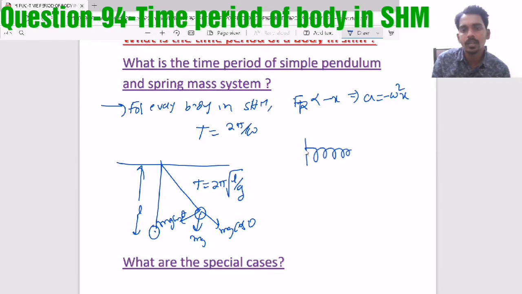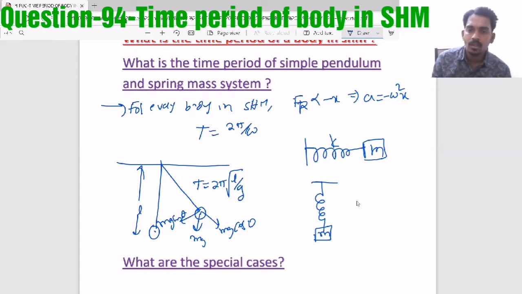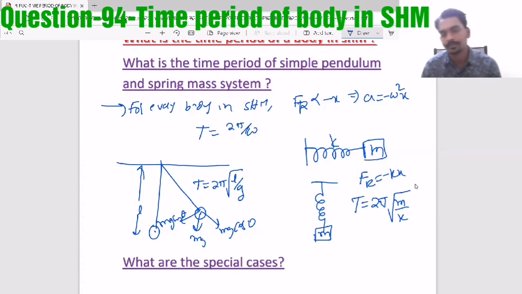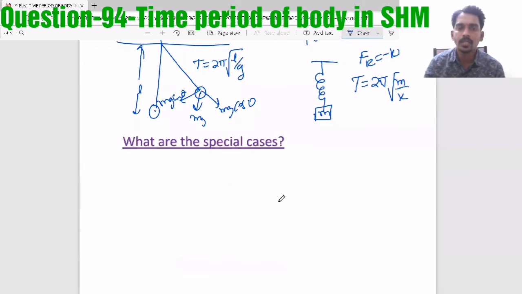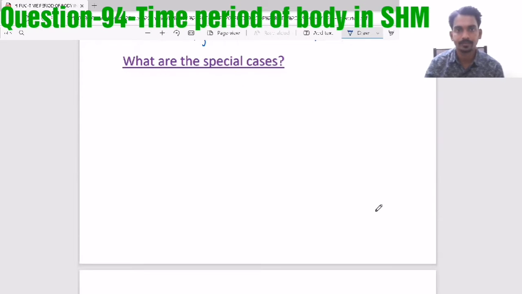Similarly, when you consider a spring mass system, a spring of constant k attached to a mass like this, when they are allowed to oscillate freely, then the time period will become 2 pi root m by k. Here the restoring force is minus kx, so that omega is root k by m, where k is the spring force constant. So based on these two things, they can ask the question.